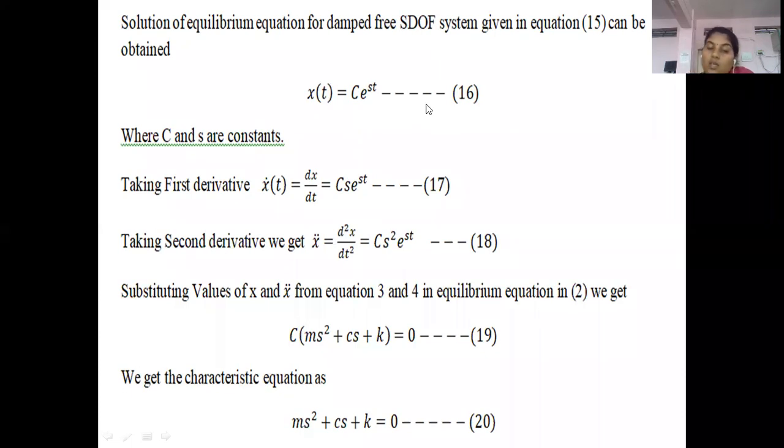Here, C and the exponential are not 0, so we have to solve the quadratic equation ms square plus Cs plus k equal to 0 to find the values of s1 and s2, and put these values in the equation number 16. So up to this we have covered over here.